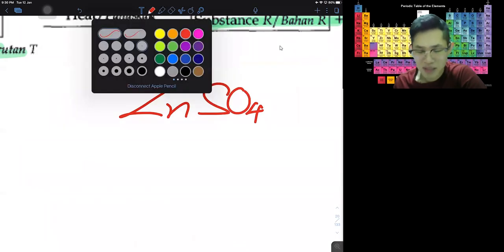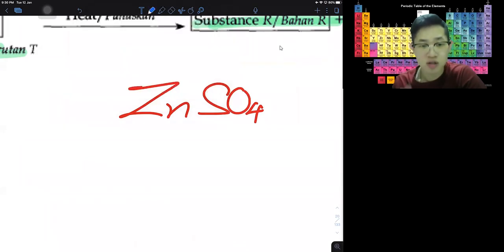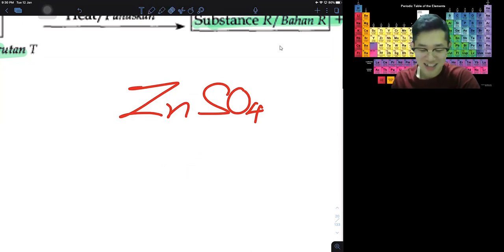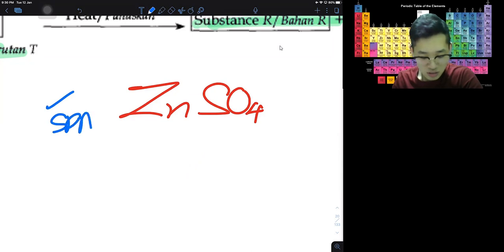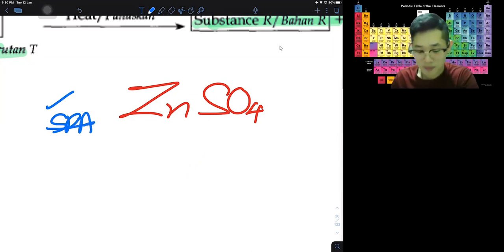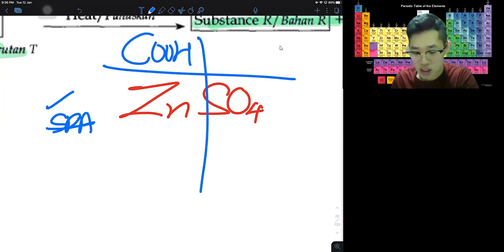What is the acid? Yes, correct. To make this zinc sulfate, soluble or insoluble? Soluble. Got spa or no spa? Soluble, but no spa. So we have to use the second cross to do it. Last week got 3 cross. Second cross is COOH.